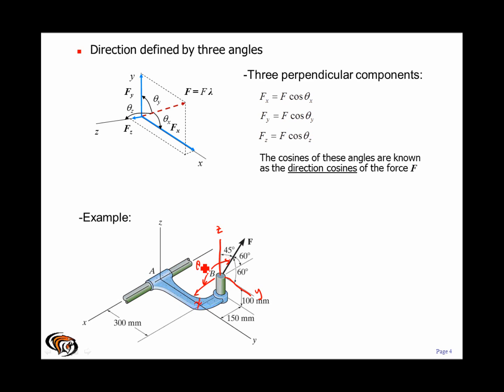This will be theta x, which will be 120 degrees, not 60 degrees. So now we can find F of x equals F times the cosine of 120 degrees. F of y equals F times the cosine of 60 degrees. And F of z is equal to F times the cosine of 45 degrees.